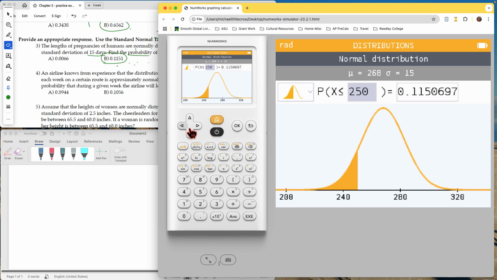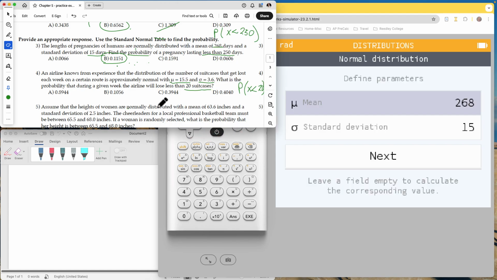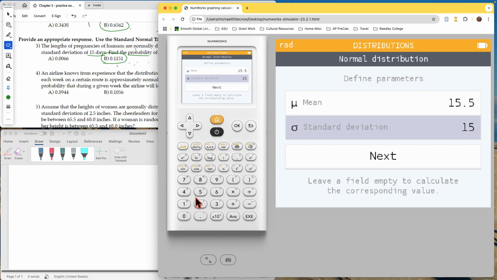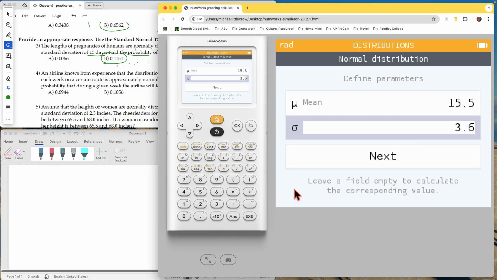And so we come back here. We have to reset our mean to match the number we were given here, 15.5, and then 3.6. We'll do a check here. That's what we got.